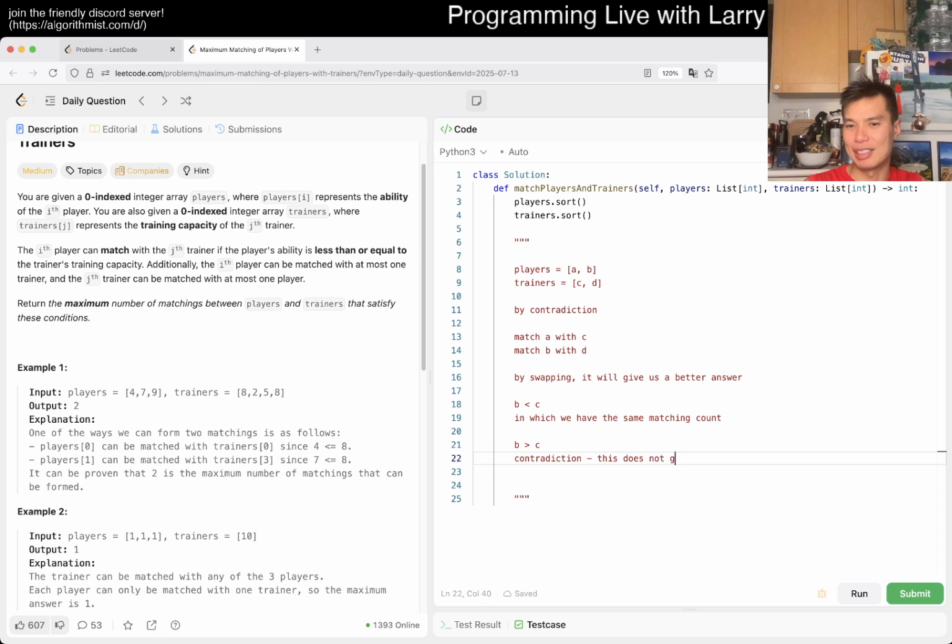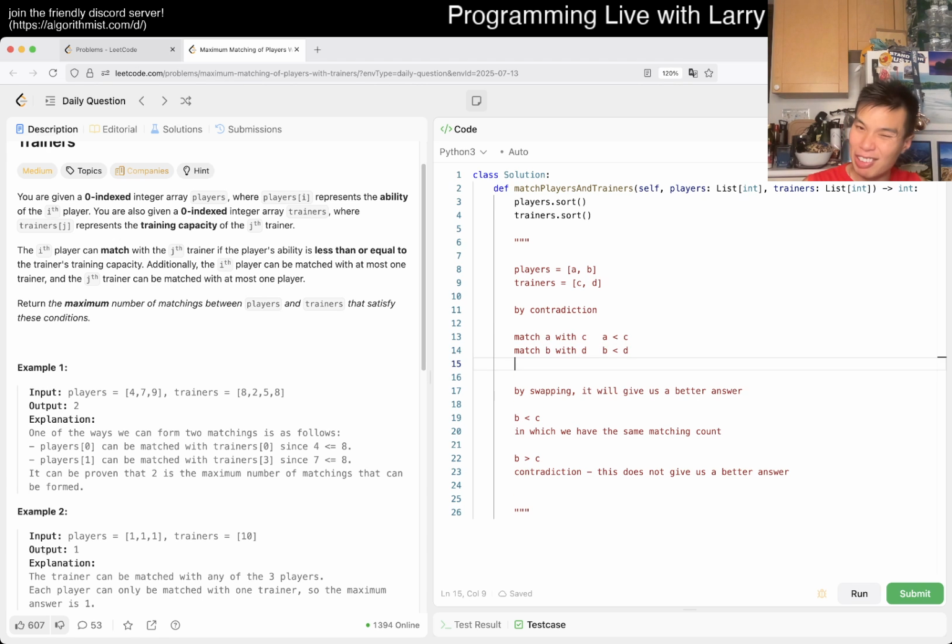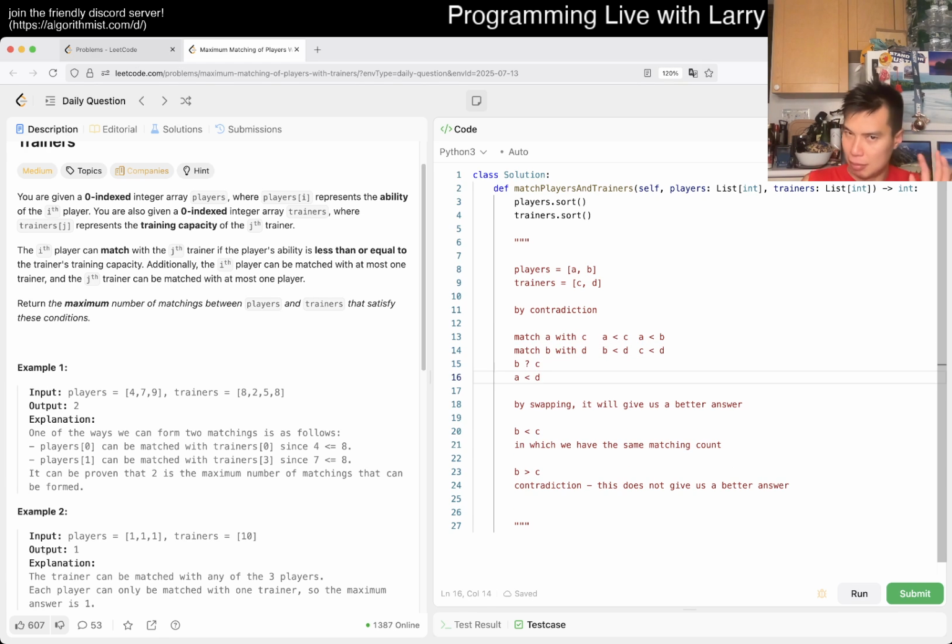This does not give us a better answer. This assumes, of course, just to be clear, that these already match if A is less than C and B is less than D, where the relationship between B and C is not defined. But of course, in either of these cases, you can also say that A is less than B, right? Because it is sorted, and C is less than D. Then by transitive property in both directions, A is less than D, right? No matter what.